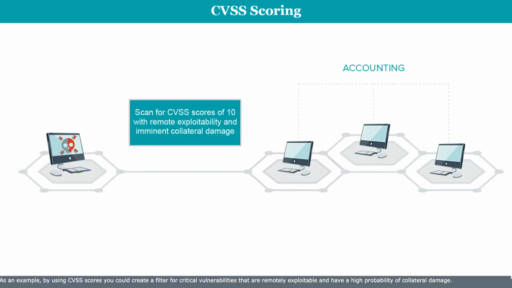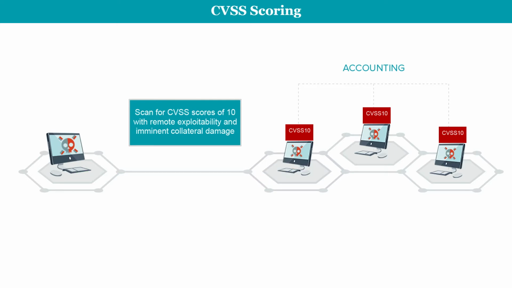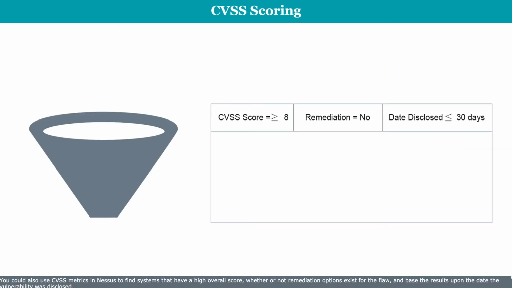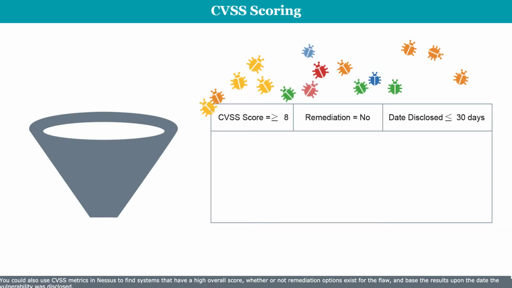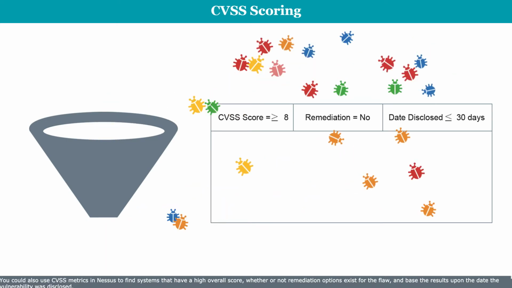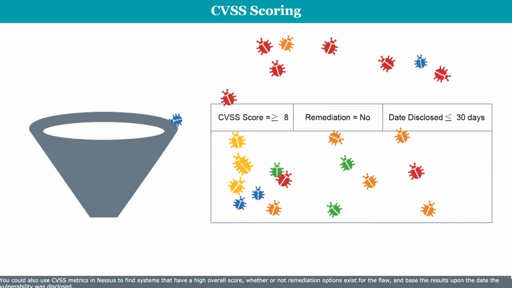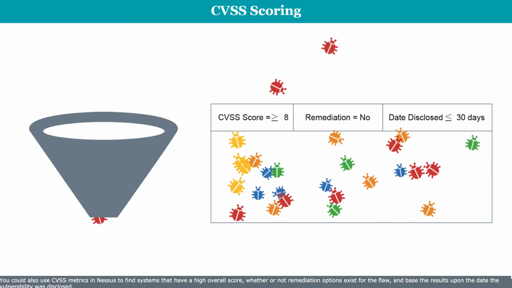As an example, by using CVSS scores, you could create a filter for critical vulnerabilities that are remotely exploitable and have a high probability of collateral damage. You could also use CVSS metrics in Nessus to find systems that have a high overall score, whether or not remediation options exist for the flaw, and base the results upon the date the vulnerability was disclosed.